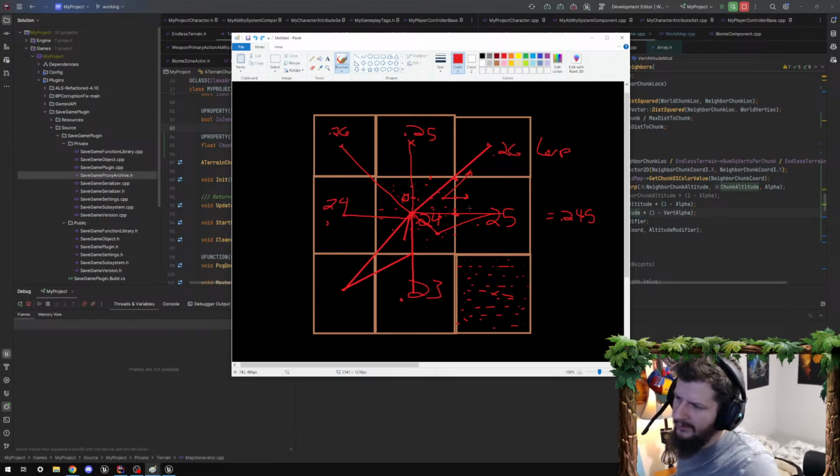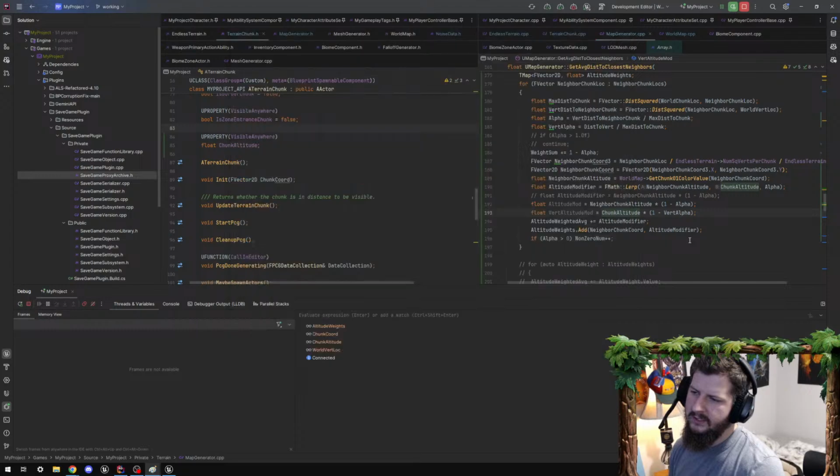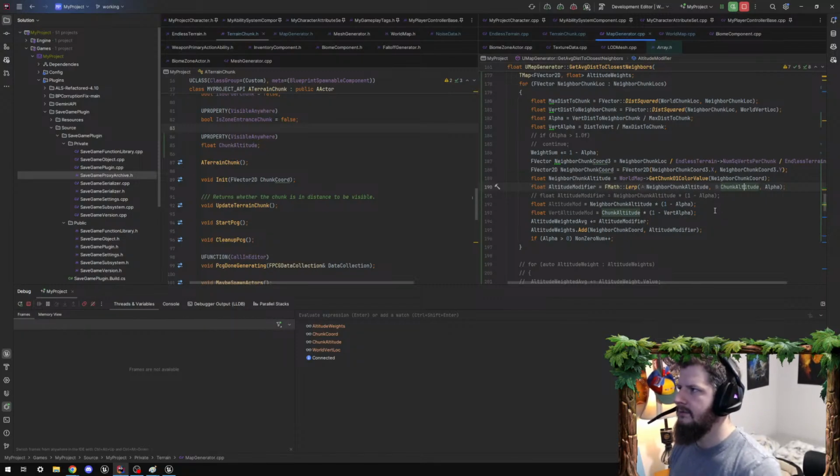Is the problem I'm also getting the average of this for each one of those, and then I should apply that separately? I don't know that that's going to give me any different results, because doing a lerp between neighbor chunk altitude and chunk altitude might already be doing that. Might already be weighting it like that.